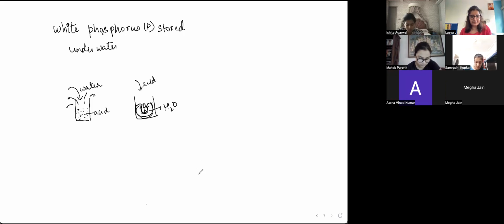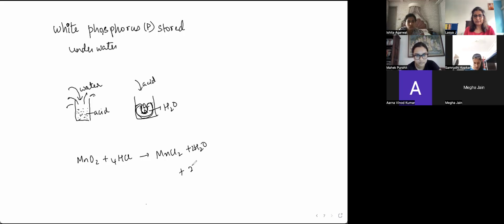Technically, the Cl part of HCl is the one that's getting oxidized. So if you look at the complete reaction, it's MnO2 plus 4HCl gives MnCl2 plus 2H2O plus Cl2. You can look at it as oxygen being added to H, but technically, if you look at the electron transfer part of it, it's the Cl part that's getting oxidized.